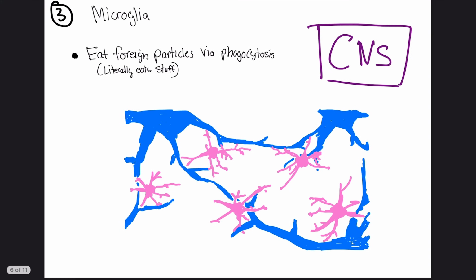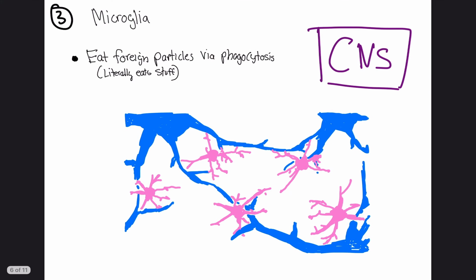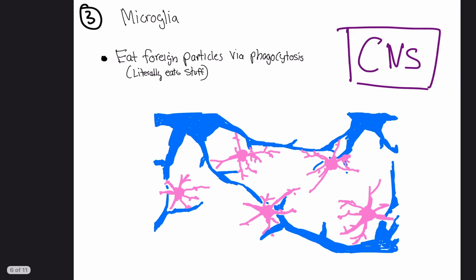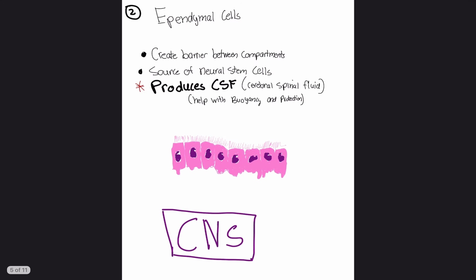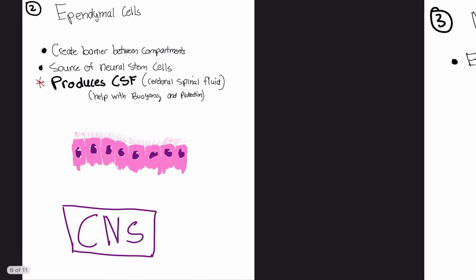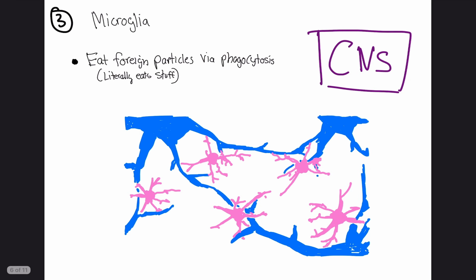Next is microglia. This is where I made the mistake earlier. I should say microglia are only in the CNS, not in the PNS. It basically translates to small cell or small glia. Essentially, they're really small.